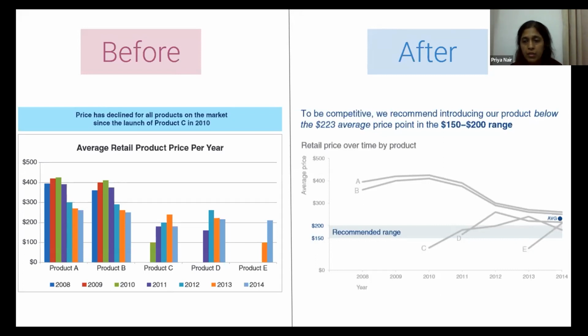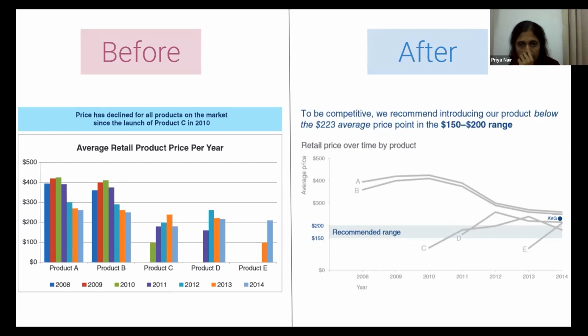And then the y-axis label is moved to the top. Similarly, the x-axis label is moved to the left at one corner so that it doesn't distract the user. And then as you see the trend, when you plot the line graph, you will understand that the prices of all the products are converging in 2014, right?